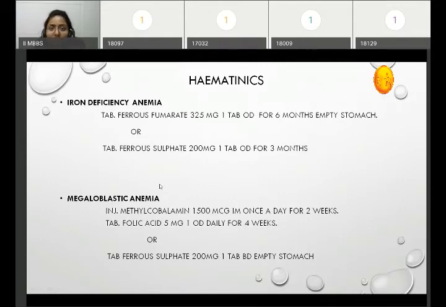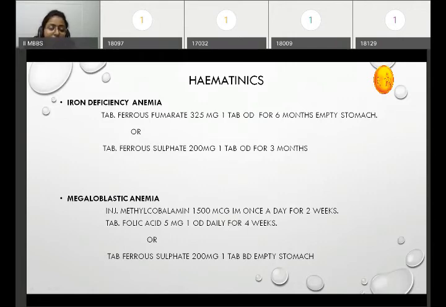B12 is available in 2 to 3 forms like cyanocobalamin, hydroxycobalamin, and methylcobalamin. Methylcobalamin is a coenzyme of vitamin B12, most commonly given. But in some countries, hydroxycobalamin is given because it has more protein binding capacity, so it remains in the body for more time.